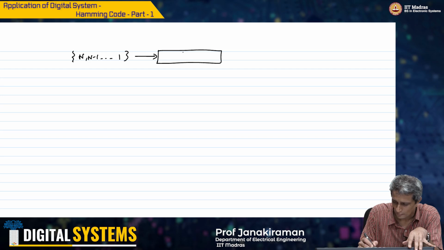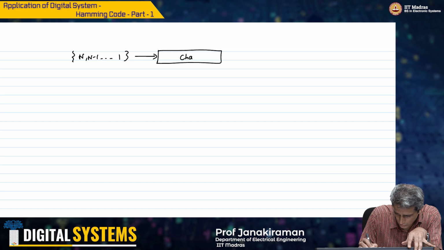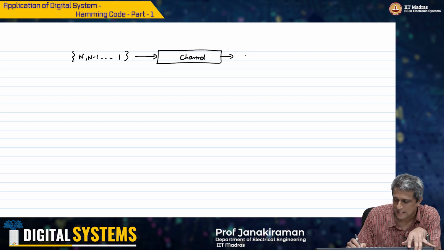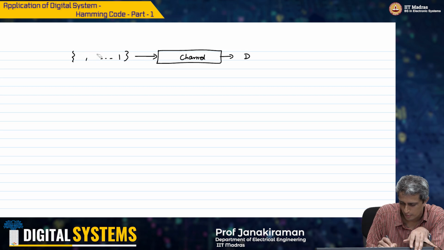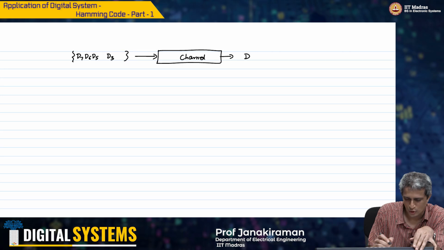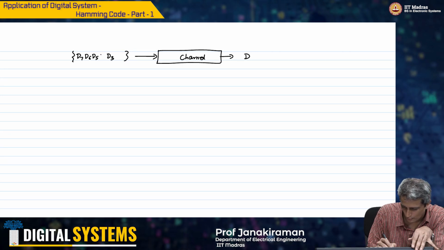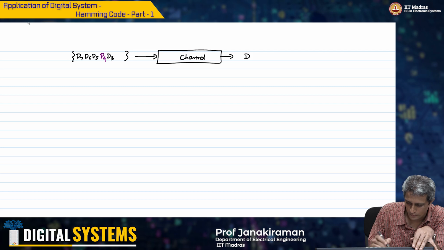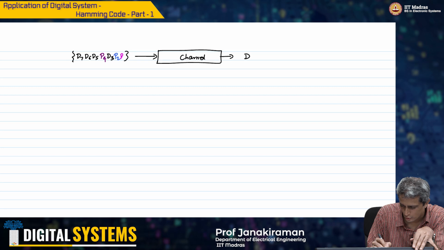I am going to send it across this channel and receive it. Let me use the exact example here: D7, D6, D5, D3, P4, P2, P1, right?